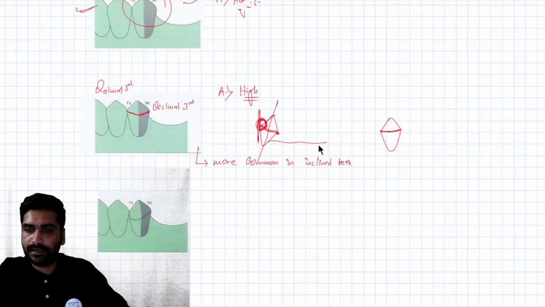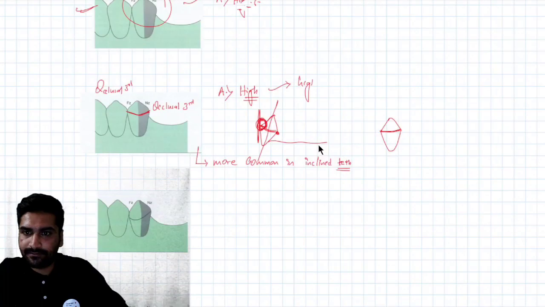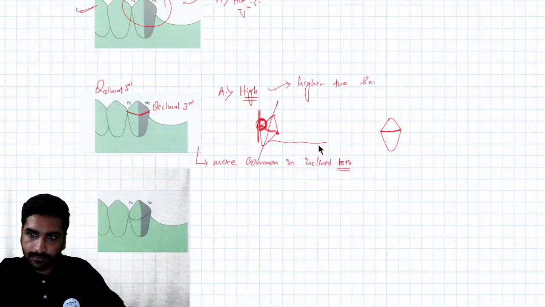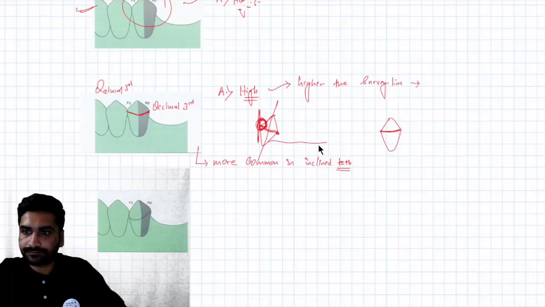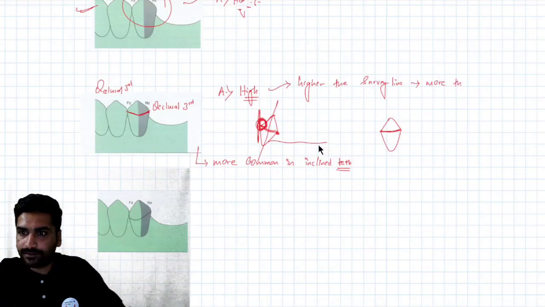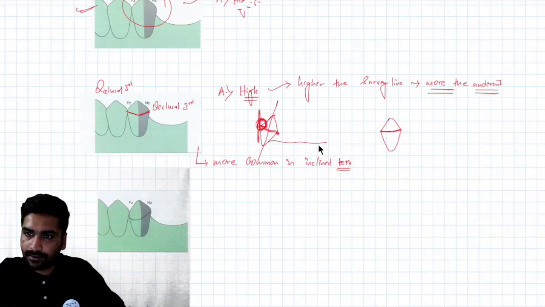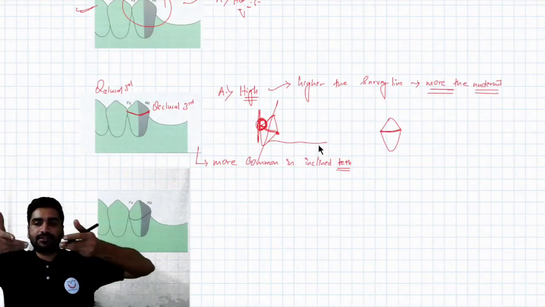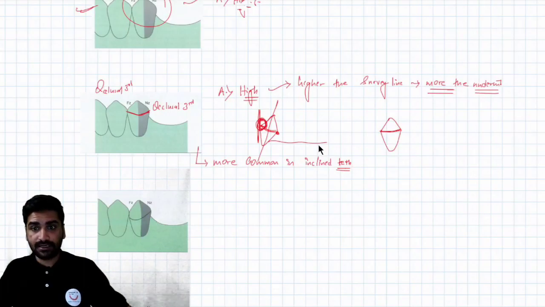See, the higher the survey line, the more the undercut. How much higher your survey line is, that much undercut will be present.